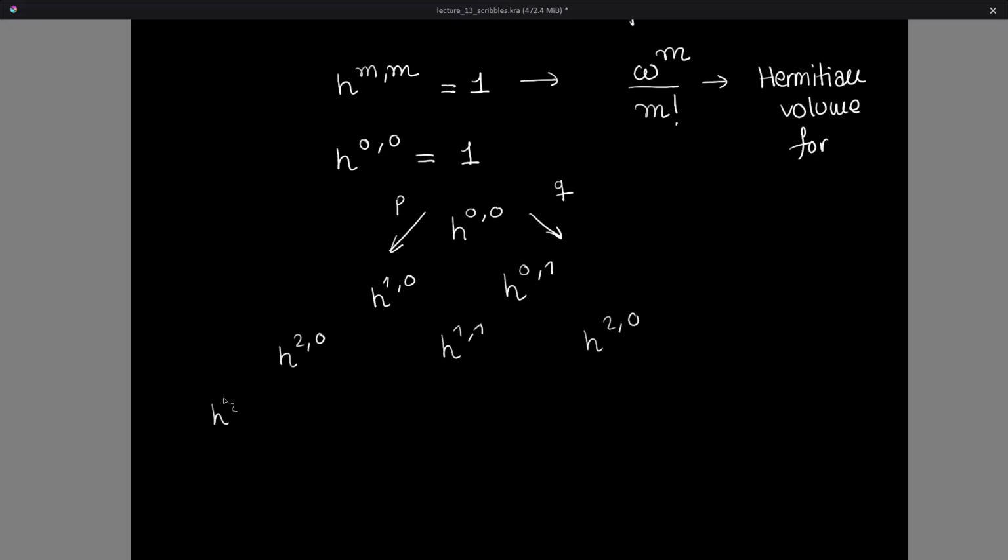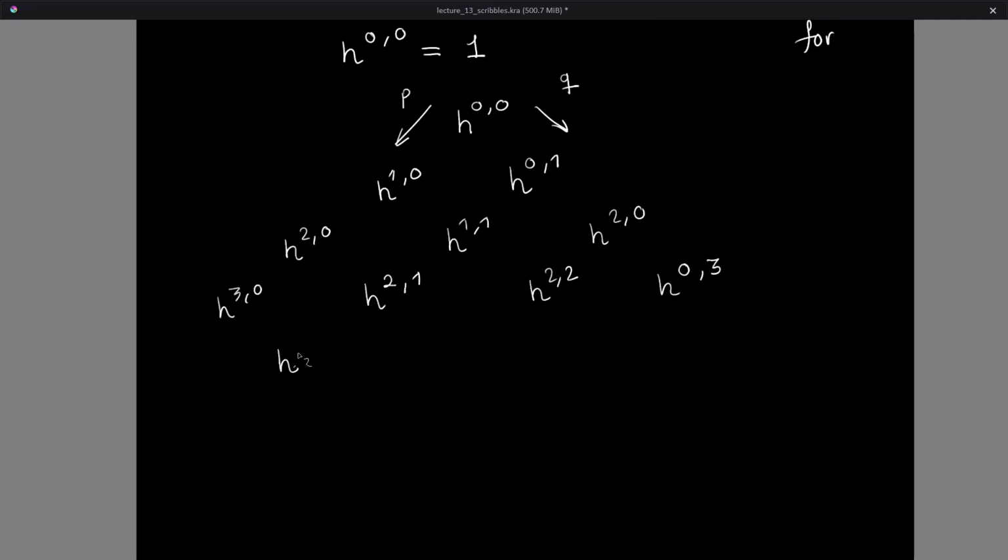And then we start again: H^{3,0}, H^{2,1}, H^{1,2}, and H^{0,3}. Then we have the 4s, so H^{3,1}, H^{2,2}, and then H^{1,3}. And then we have the 5s, H^{3,2} and H^{2,3}. And then we have H^{3,3}.